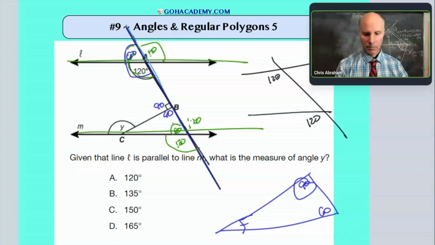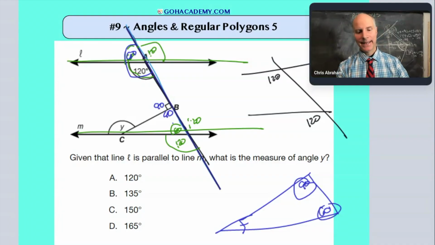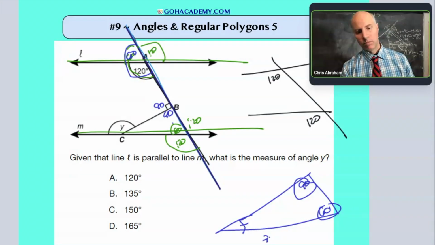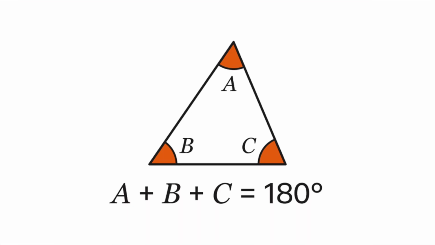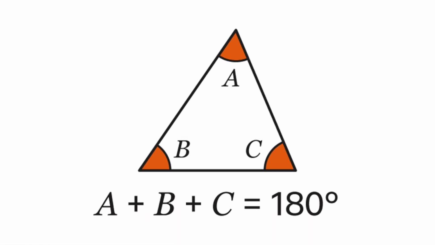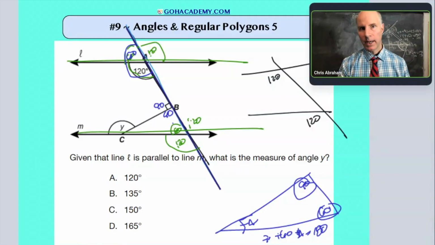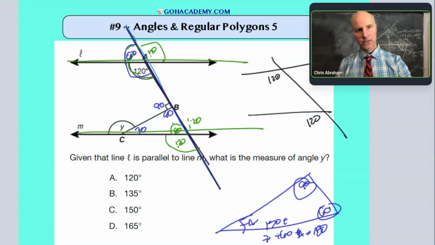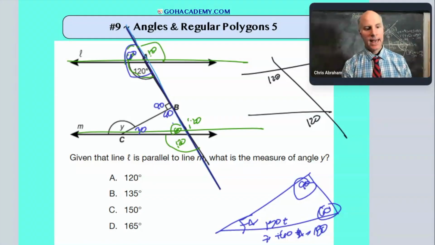Well, if 90 plus 60 plus this equals 180, then we could work that out. 90 plus 60 plus, let's call this A, is equal to 180, right? 90 plus 60 gets us what? 150 plus A is 180. A would have to be 30, right? So that 90 plus 60 plus 30 equals 180.